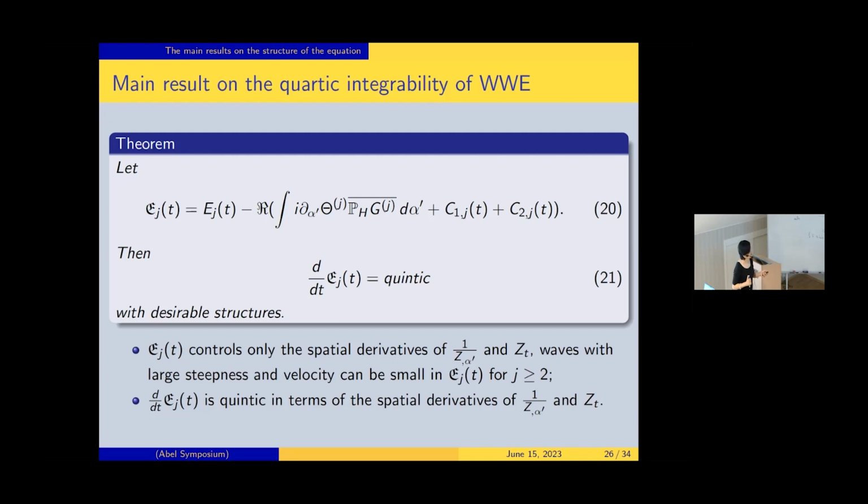This means that this energy functional is small even if 1 over z alpha and z t are large. It is small as long as the derivatives of these quantities are small. So waves with large steepness and velocity can be small in this energy functional. And d/dt of this energy functional is quintic, also in terms of quantities involving only spatial derivatives of 1 over z alpha and z t.